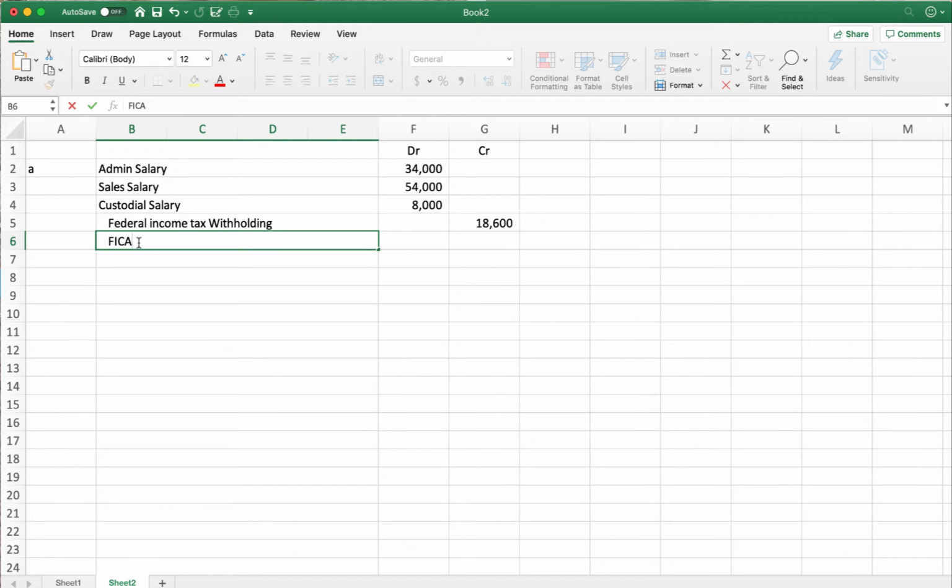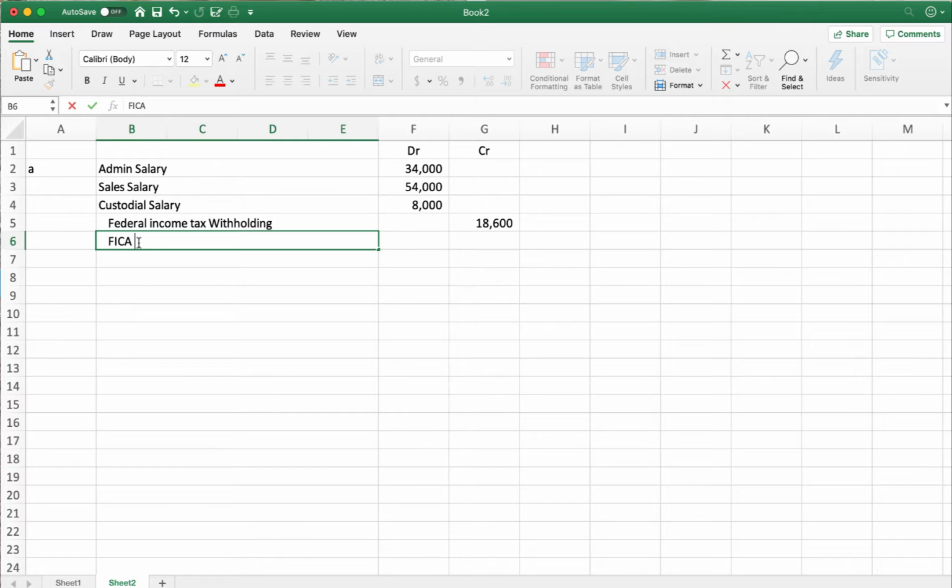We could do Social Security and Medicare and list them out individually, but we really don't need to do that. Because we realize that our withholding is 7.65%, right? How'd I get that? Well, I took the 1.45 for Medicare, and then I added the Social Security portion, which is 6.2. So in total, that gives us 7.65.